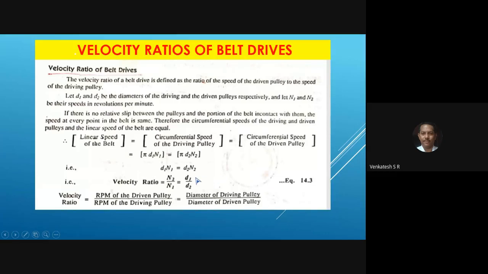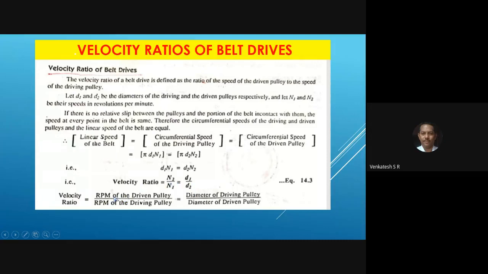Below that, write down velocity ratio equal to RPM of the driven pulley divided by RPM of the driving pulley, same thing, N2 by N1 equal to D1 by D2.